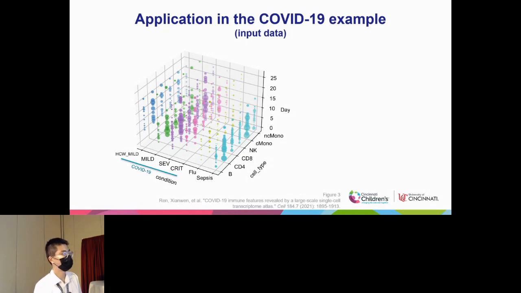And we extracted 6 commonly seen cell types in PBMC data of these COVID-19 patients, and we recorded their time point, which means the days since disease onset. It ranges from day 0 to day 25, representing the early stage and the late stage of the disease progression.